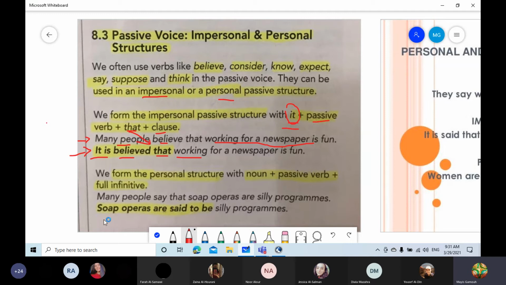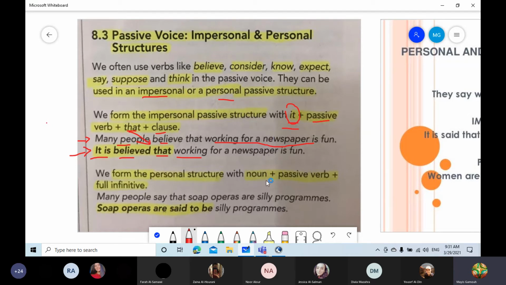Thank you, Jessica. Let's go back to the note and clarify it in detail. We form the personal structure. The personal means that here we have an object. We are using a transitive verb, فعل متعدي, and when we say a transitive verb, we mean that our sentence has an object.